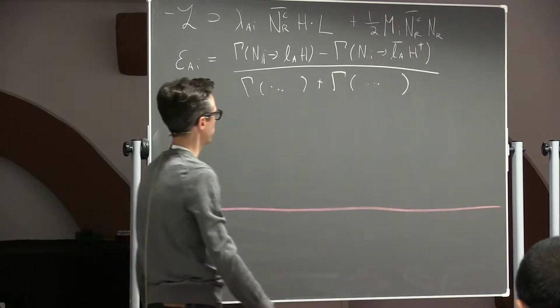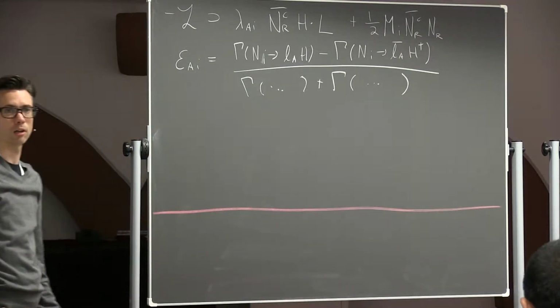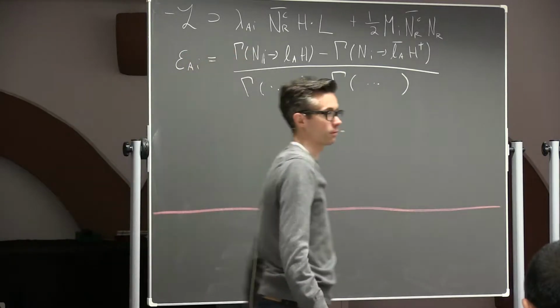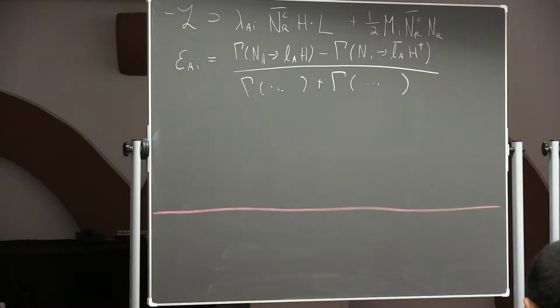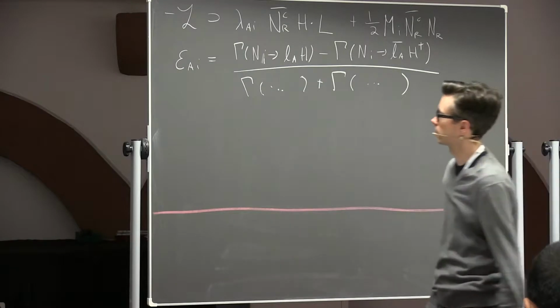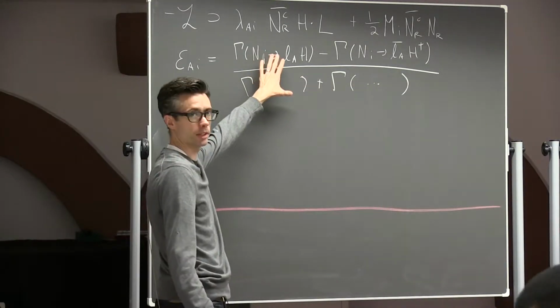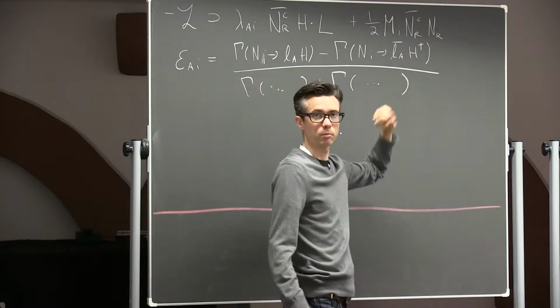So the sum of them is the total decay rate of the Ni state, and in the numerator I have the difference. So I have the difference between the relative decay rate, or if you like, the relative decay probability, to go into lepton plus Higgs versus anti-lepton plus anti-Higgs.